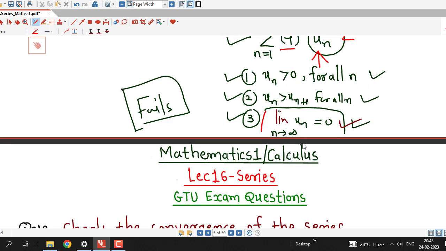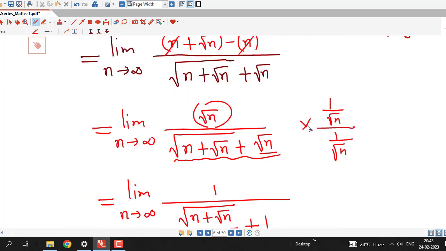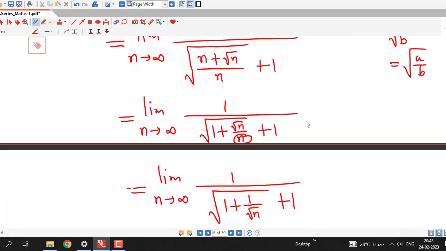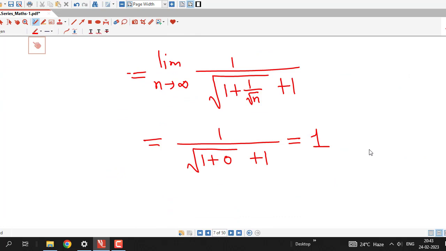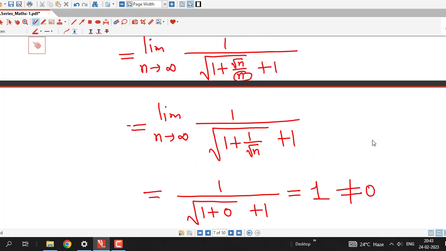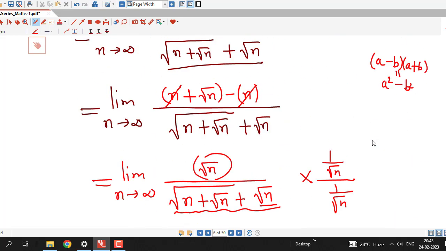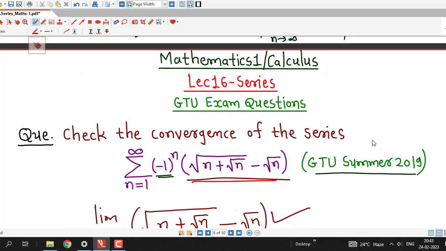But here limit of un is non-zero, and therefore we cannot apply that alternating series test or Leibniz test. So we have to think of another test. The first test which comes to our mind is the nth term test for divergence.